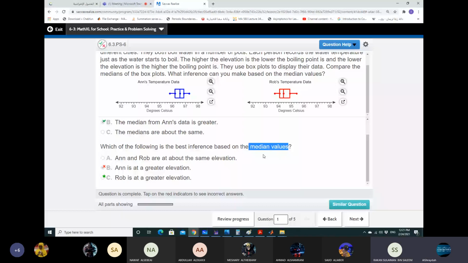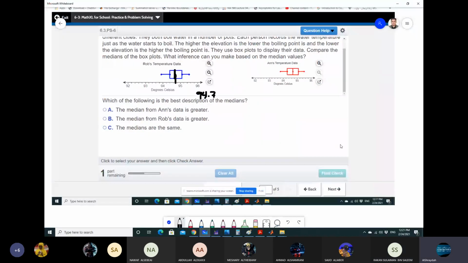Because, as I told you, when the elevation becomes higher, the degree will be less. Am I correct? Yes. Do you understand it? So the temperature, let's say that you are on the mountain here, and your friend is down here.